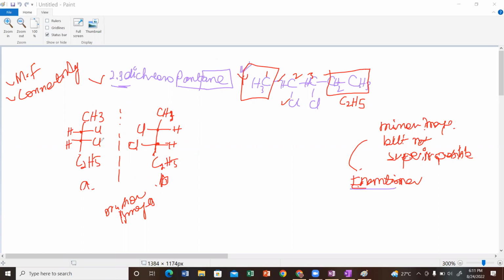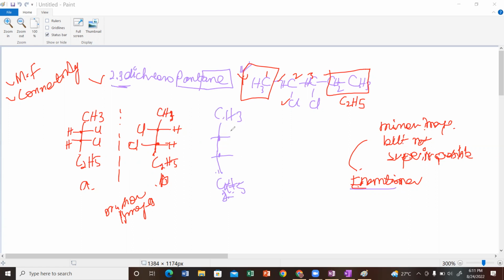Now, what about the third arrangement that I'm going to make over here? Like previously we had CH3, and the last group is C2H5, as previously. Now, in this center, we were having two bridges, the first one and the second one.